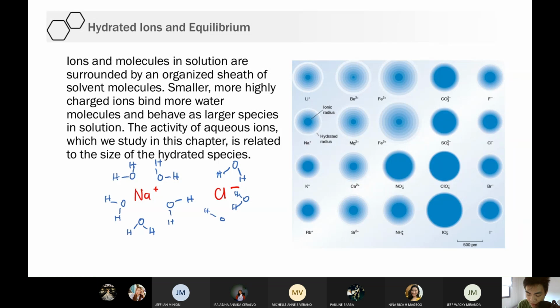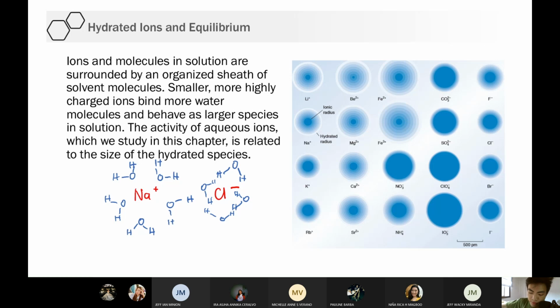This is how the hydration sphere of chloride ion looks. Again, why do we have a hydration sphere? Because we have interactions between our ions and the solvent molecules. The interaction between them is called the ion dipole interaction.